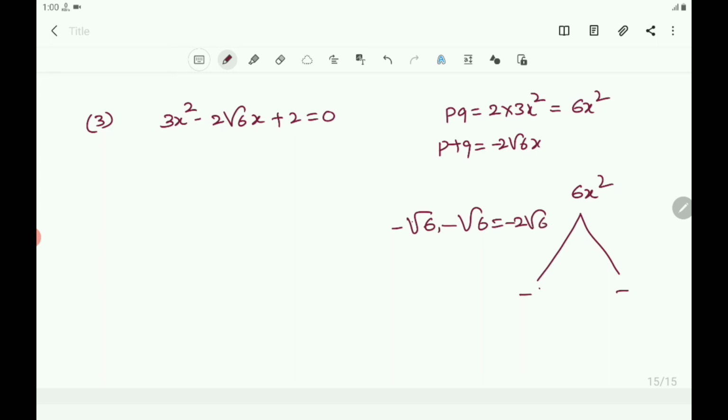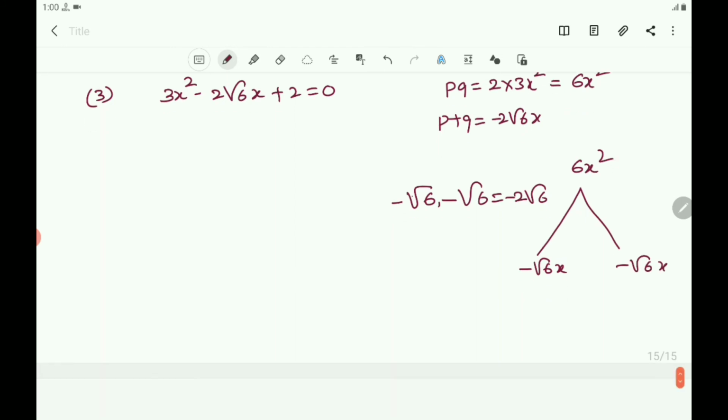Therefore you can take minus root 6x, minus root 6x. And you know that the product of minus root 6x and minus root 6x is 6x square, and the sum of minus root 6 and minus root 6 is minus 2 root 6.